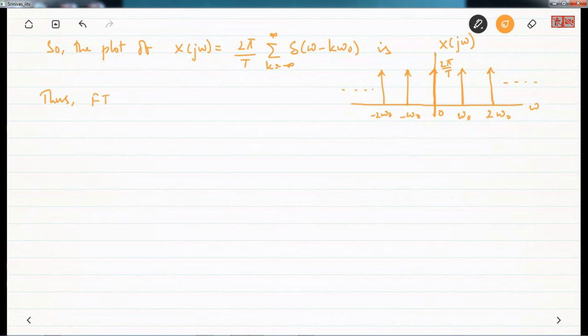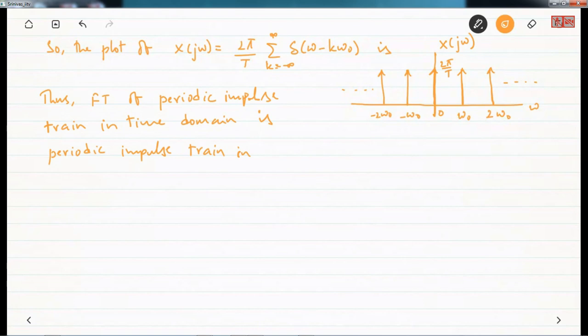Thus the Fourier transform of a periodic impulse train in time domain is a periodic impulse train in frequency domain, right?